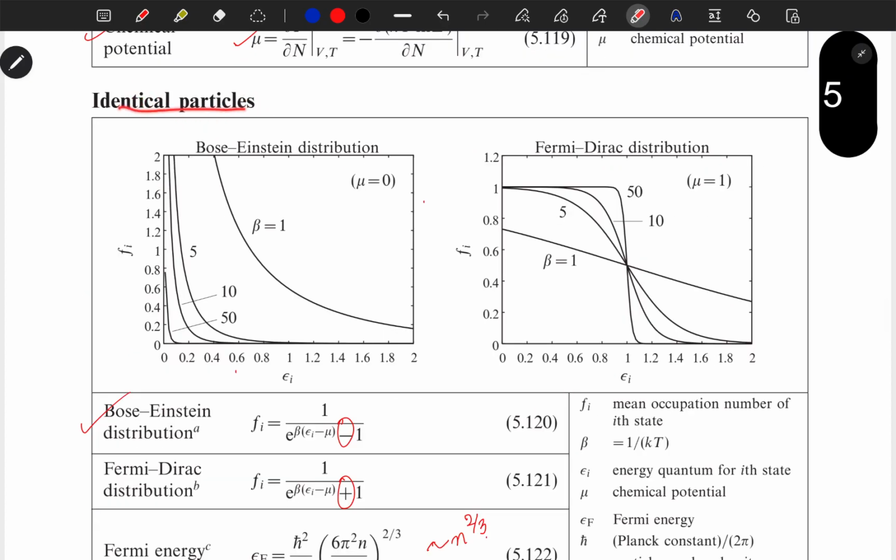So for identical particles, for Bose-Einstein distribution and Fermi-Dirac distribution, we have Fi with respect to different Ei. We have saturation at 1 for low values, but for higher values of beta the Fi starts not at 1 but less than 1.